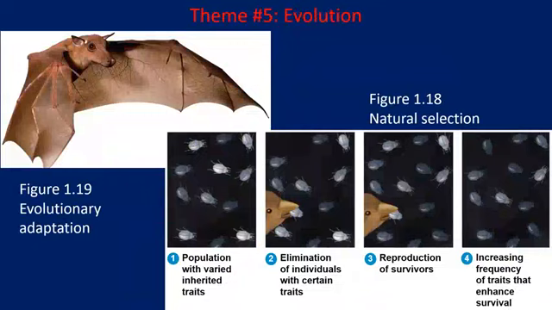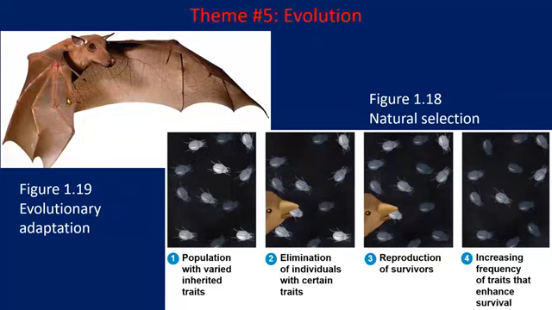Now one more important theme is evolution. Here on the left side you see the picture of a bat, and bats are the only mammals which are capable of flying. They have wings over here, but when you look carefully, you can see there are fingers on each side, and in between these fingers there is webbing.